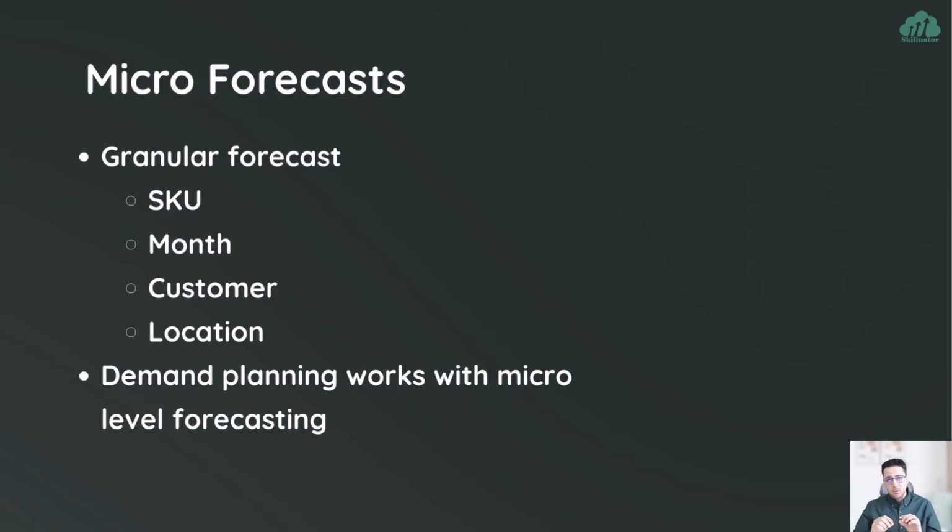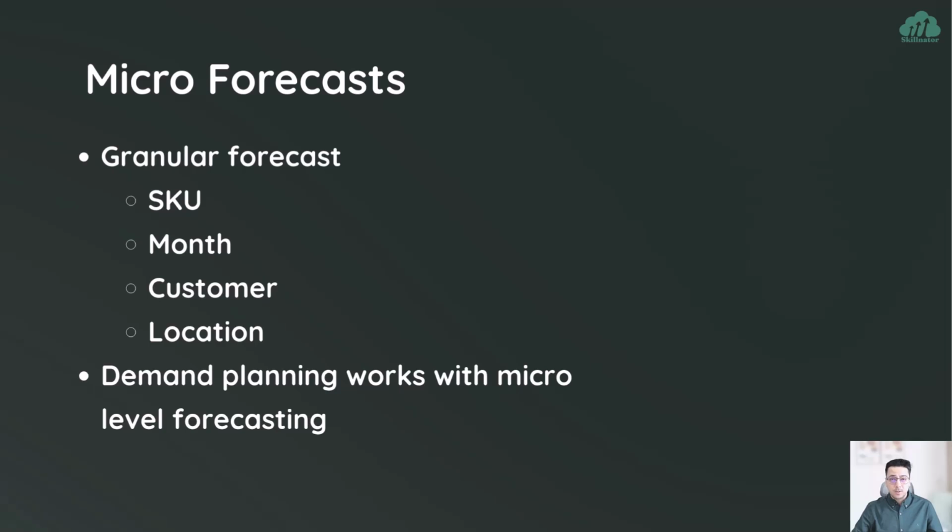They produce individual SKUs. So they need to know how much of each SKU needs to be produced so they can set up their production plans. That's why demand planning typically focuses on micro-level forecasting. To build these forecasts, demand planning collects input from sales, marketing, supply, and other functions of the business and converts them into a detailed demand view.